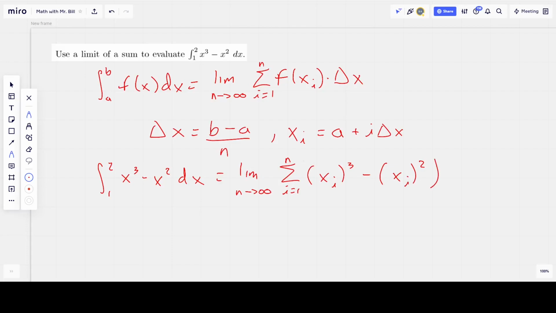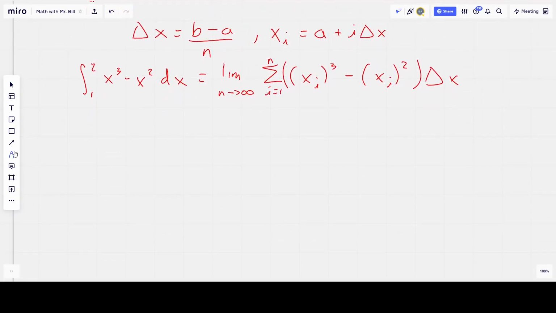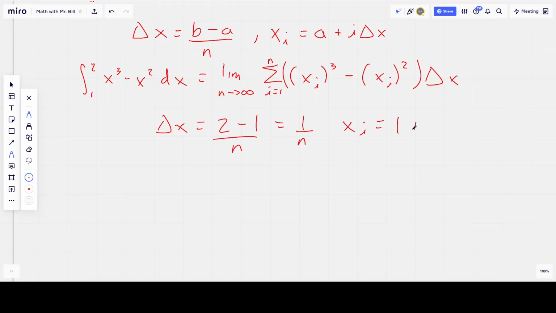And then all of that is going to be multiplied by delta x. So let's find our delta x and our x sub i and plug them in and start to turn the crank on this. So delta x is equal to b minus a, so 2 minus 1 over n. So that's just equal to 1 over n. And then x sub i is going to be equal to 1 plus i delta x, so i times 1 over n. And I'll leave it like that.